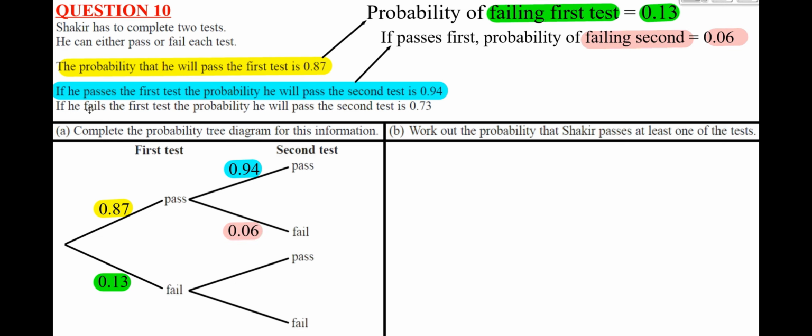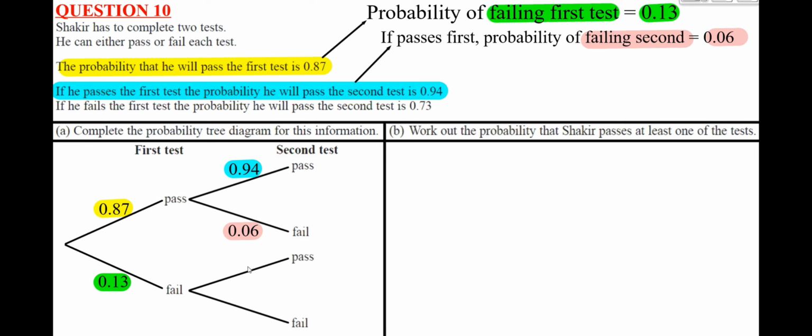Then finally, if he fails the first one, the chance he passes the second is 0.73. Presumably that's lower than 0.94 because if he fails the first, his confidence, sadly, has been hit. He's not feeling as confident, perhaps, who knows. Anyway, we can add this on here. So if he fails the first one, the chance of him passing the second is 0.73.